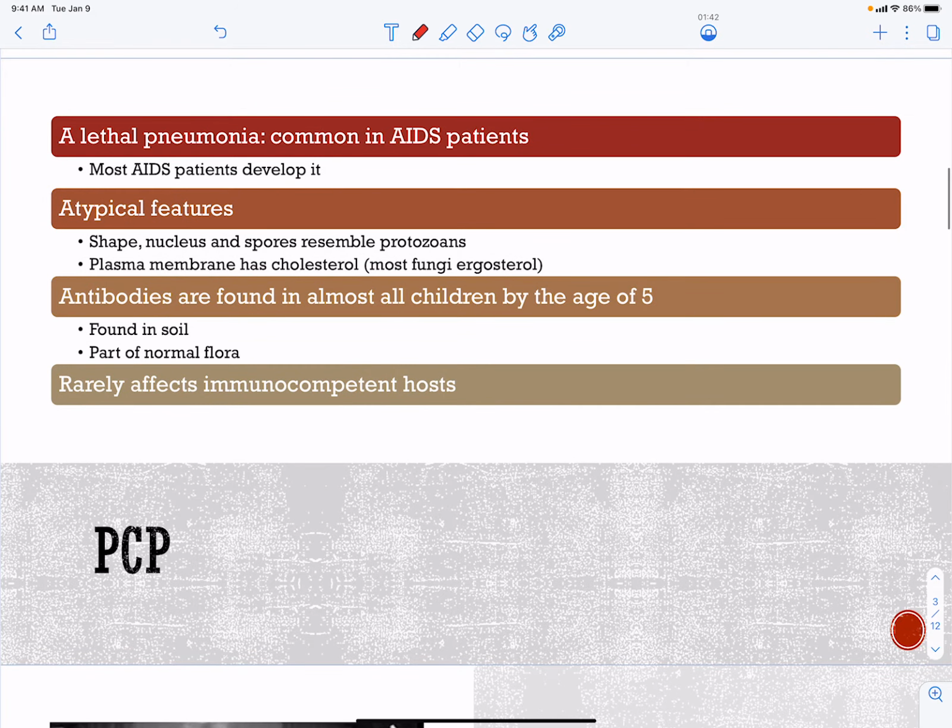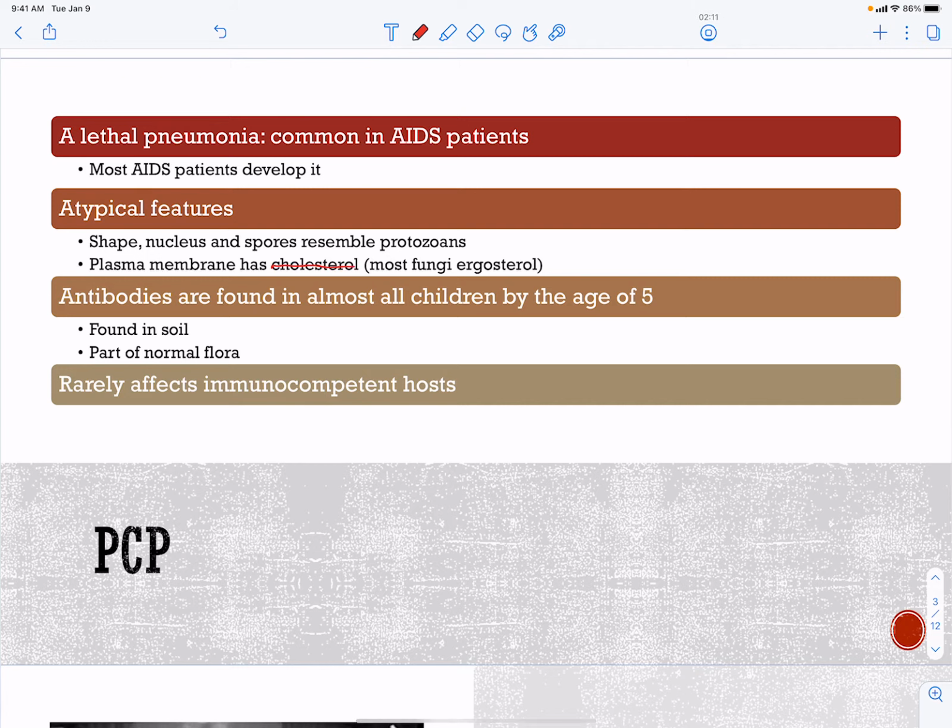All right, so lethal pneumonia is again going to be primarily in AIDS patients. It has an atypical feature because it's caused by Pneumocystis jirovecii, which is a yeast, and yeast cells typically have very odd shapes. The plasma membrane is also different.